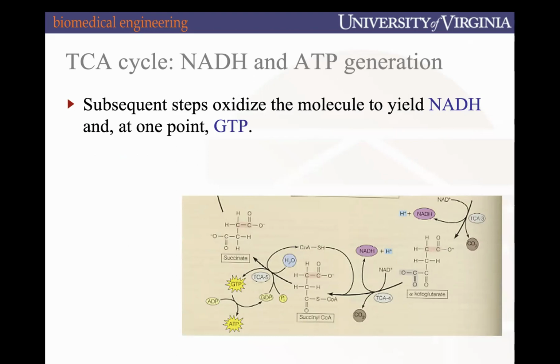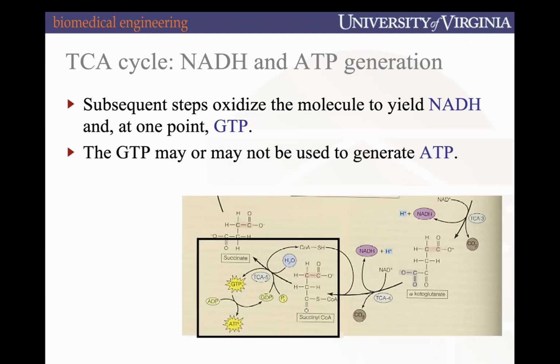The production of that GTP can lead to the production of ATP, via dinucleotide transporters that can help mediate the donating of a phosphate group from GTP to ATP. But it's a dynamic process that's in flux, whereby sometimes it might be a GTP and sometimes it could be an ATP. But at this point, we now have our 3 carbon dioxide molecules that have been generated.